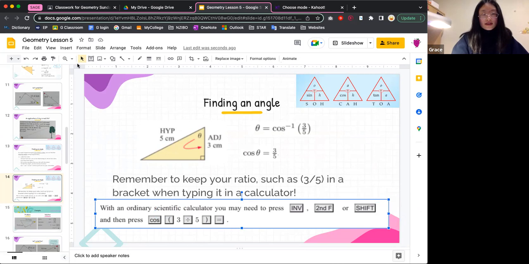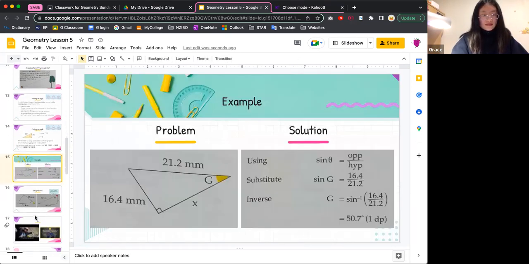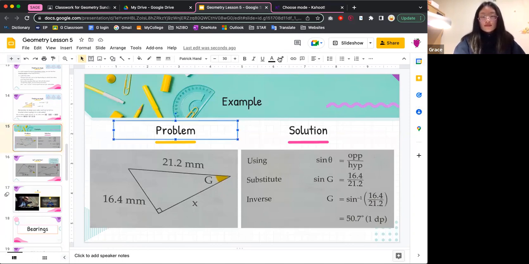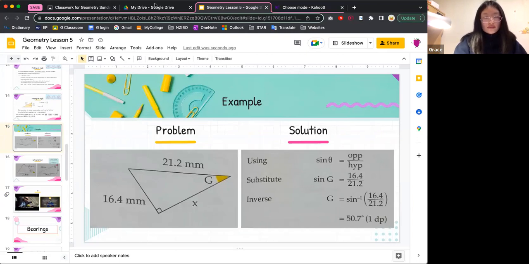All right, and now here are a few more examples. I'll just annotate again. Pen's not coming up, sorry guys.